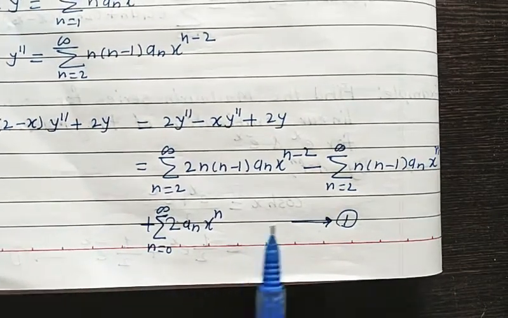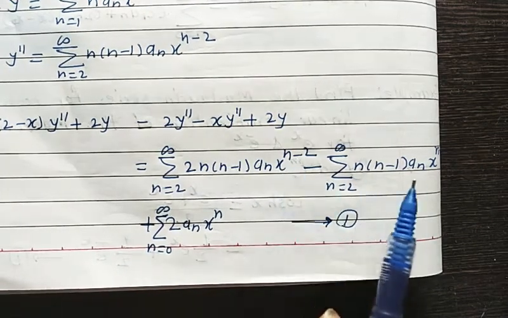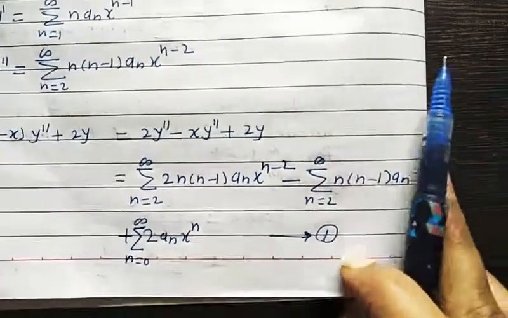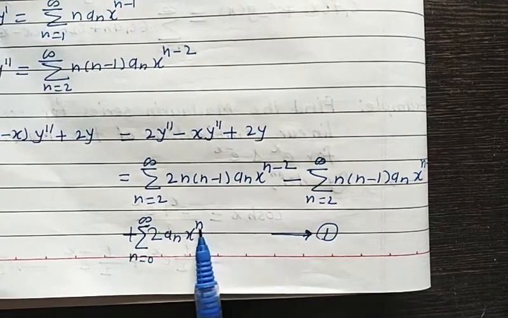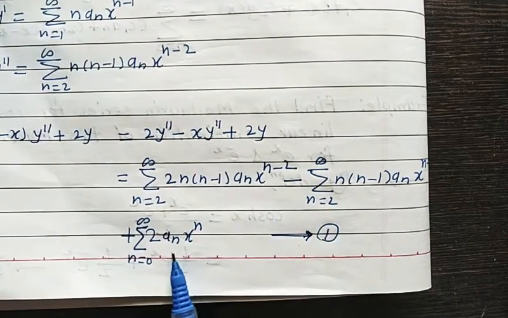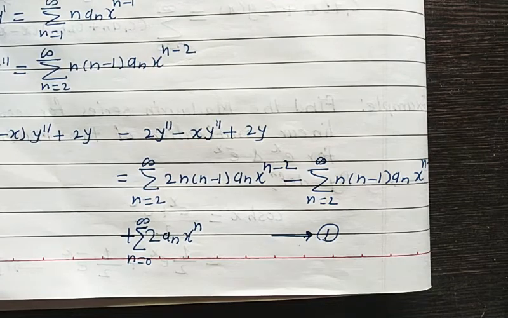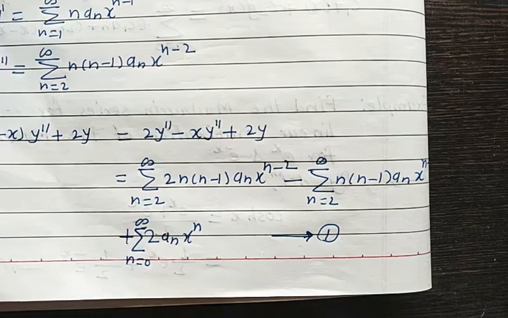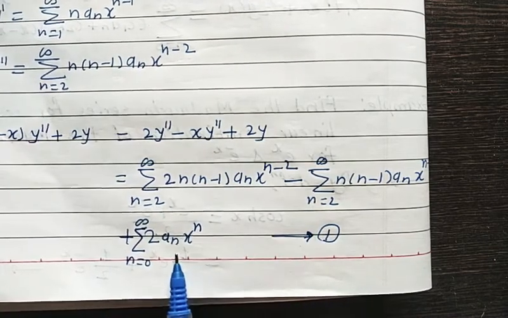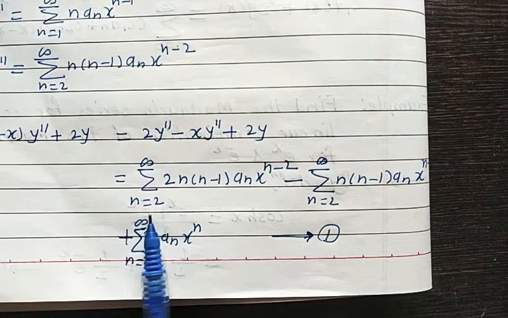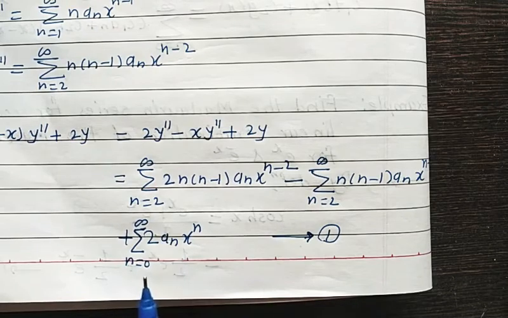Now here you can see one series has power of x as n minus 2, here power of x is n minus 1, and here power of x is n. Okay, so to add all these three power series, what do we need? We need power of x as n, and all these three series should start with the same index, that is, n from 0 to infinity, n from 0 to infinity, like this.